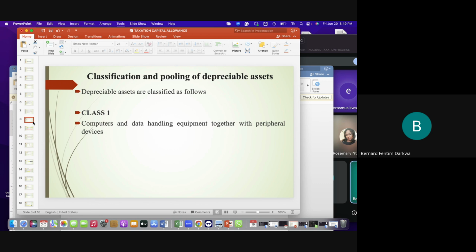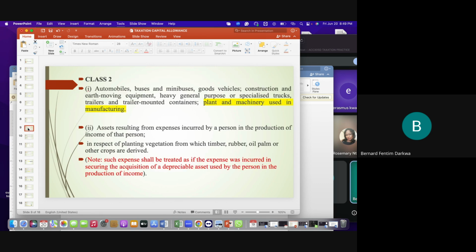Then let's look at class 2 assets. Class 2: automobiles, buses and mini buses, goods vehicles, construction equipment, heavy general purpose or specialized trucks, trailers and trailer mounted containers, plant and machinery used in manufacturing. So whenever you see plant and machinery used in manufacturing, it is a class 2 asset.